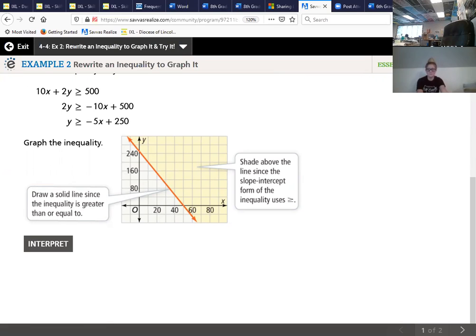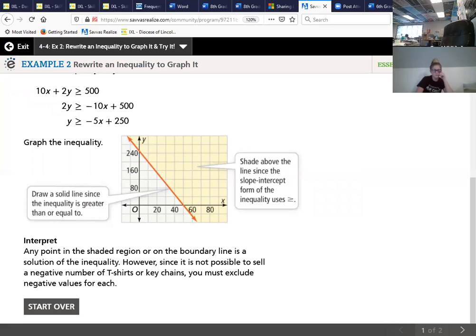That's every possible combination of t-shirts and keychains that would make them $500. Do you want to write all those combinations down? No, I wouldn't want to calculate all of them. These are all the possible answers. Any point in the shaded region or on the boundary is a solution of the inequality.